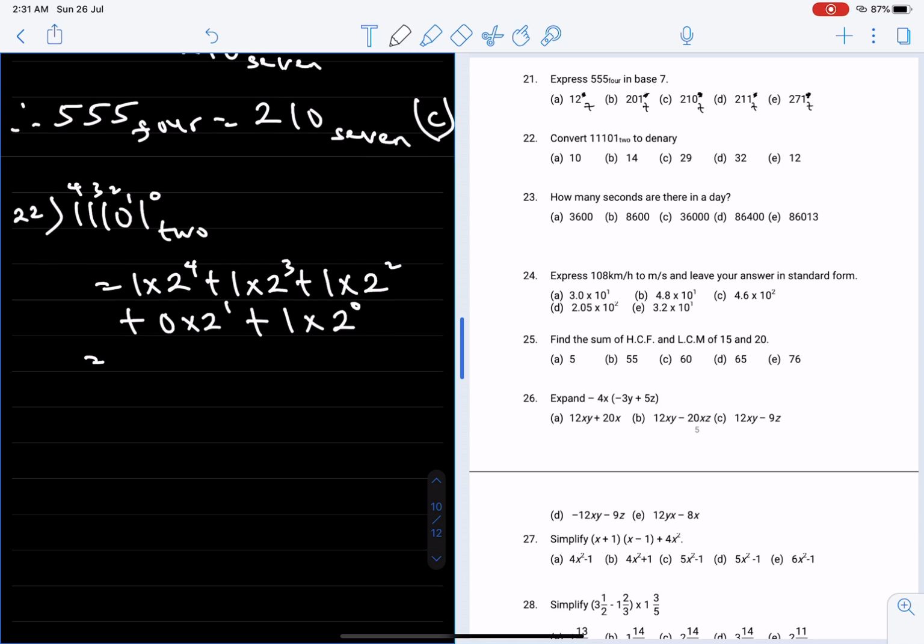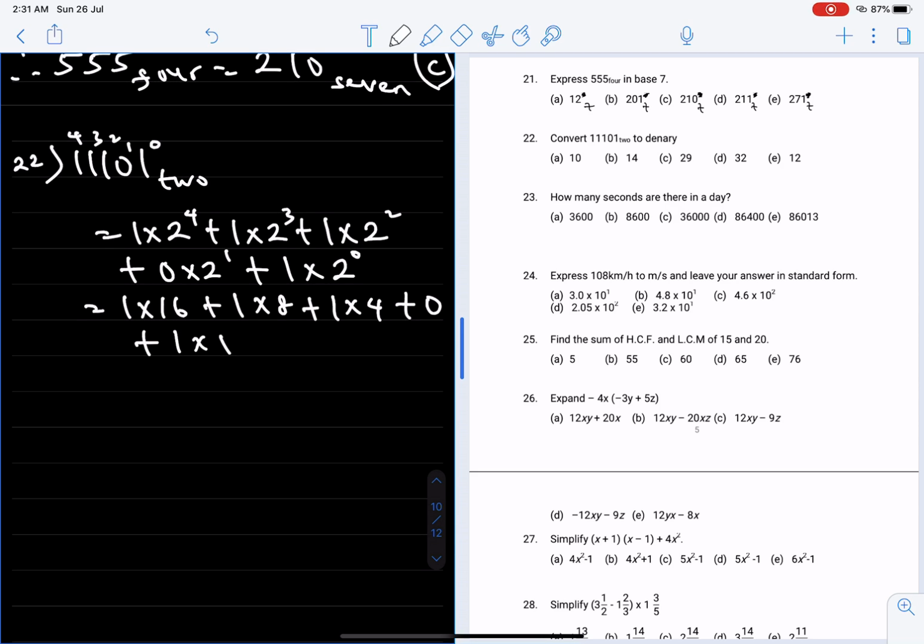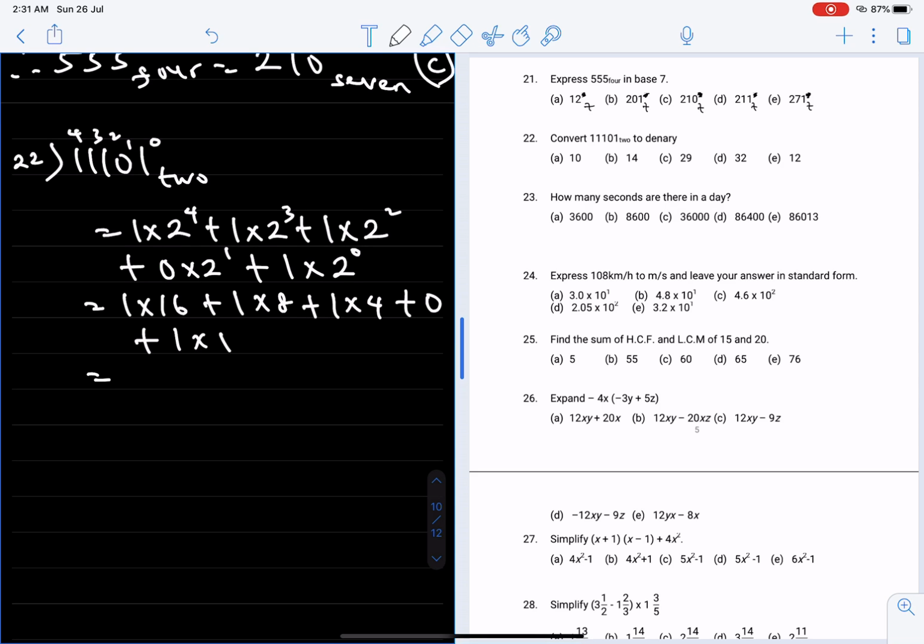Which means 1 times 16 plus 1 times 8 plus 1 times 4 plus 0 plus 1 times 1. Any number raised to power 0 is the same as 1. And that's 16 plus 8 plus 4 plus 0 plus 1, which is 24, 28, 29 base 10.